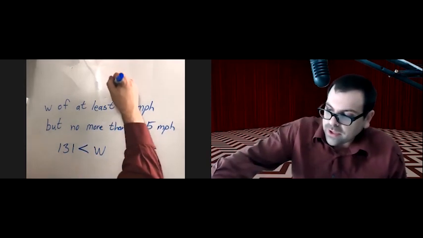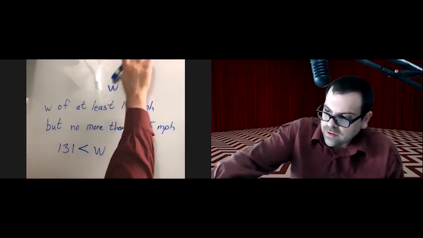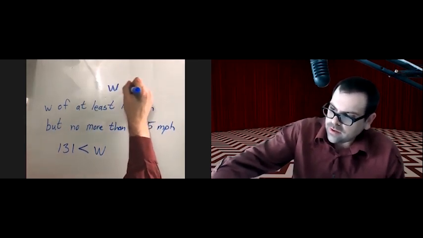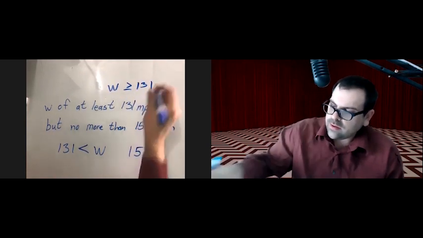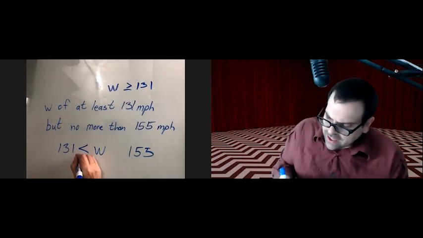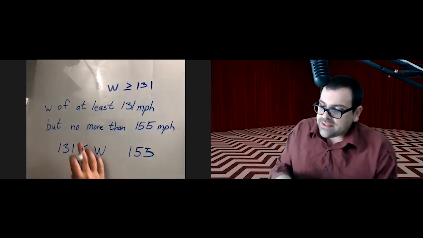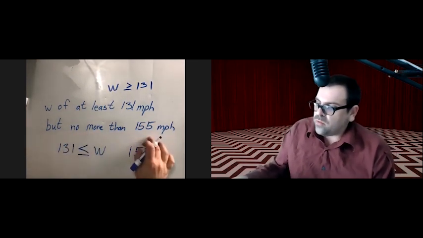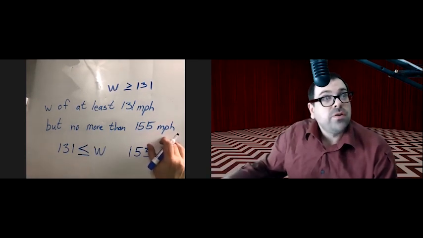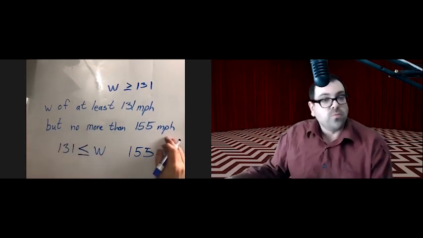Now, normally we might write it like this. If the smallest is 131, that means things greater than or equal to 131. But I'm going to write it as a less than or equal, and it's because the other side says that it also has to be no more than 155. Things greater than 155 would not be okay because I'm asking for no more than 155.